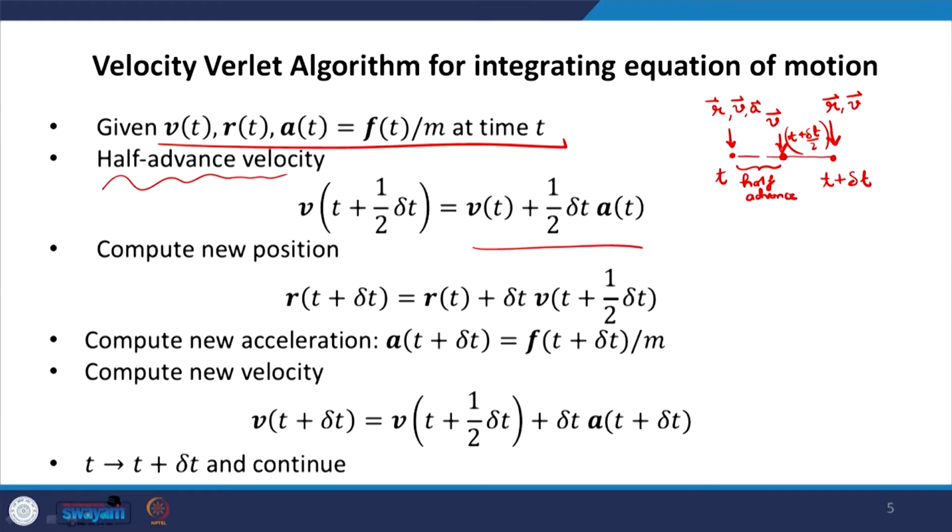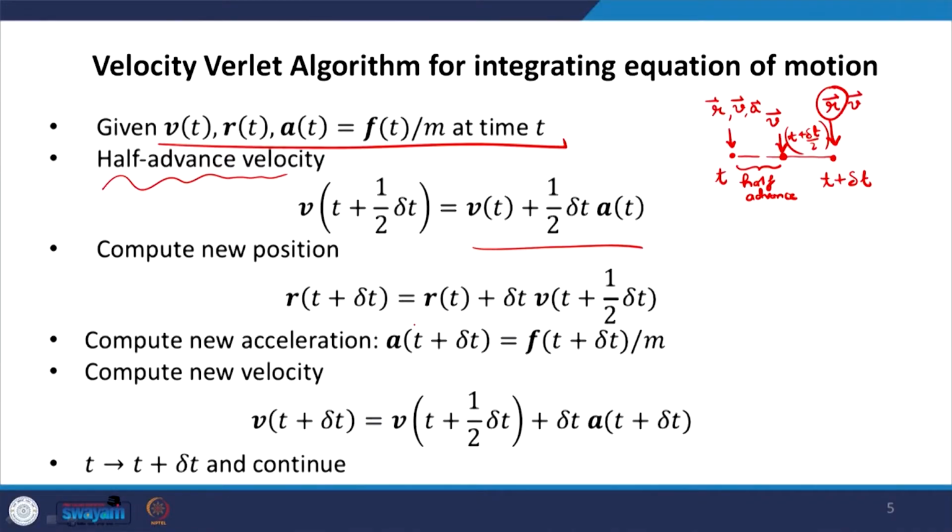And using this velocity, that is the velocity midway between t and t plus delta t, I now find the position at t plus delta t. We could have used the velocity at time t in place of the midpoint velocity, that is the standard Euler scheme. We could have used that. It turns out that the procedure of half advancing velocity and using the velocity at midpoint instead provides more accuracy and stability to the algorithm.